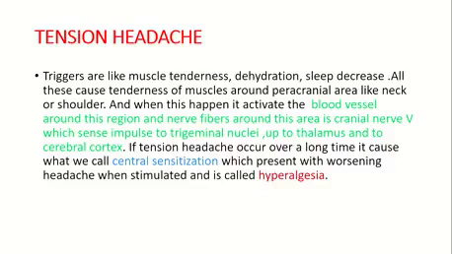So when something is stressing the muscles of the neck or shoulder, they will activate the blood vessels around these regions. They become more permeable, and there are nerve fibers around this region that relay information, and they happen to be nerve number 5 also. They send impulse to the trigeminal nuclei, up to the thalamus and cerebral cortex.